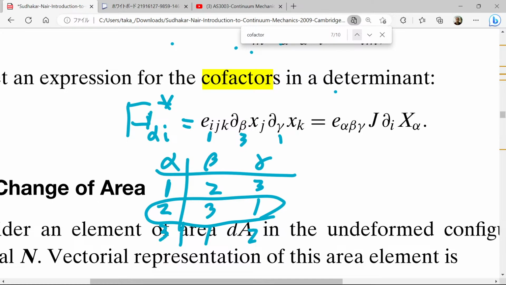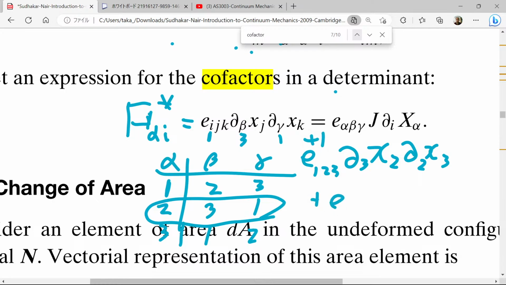So partial 3 x2 partial 2 x3. This is epsilon 1, 2, 3. This is plus 1.